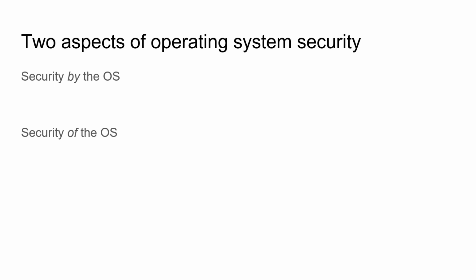On the other hand, we have the security of the operating system, where we try to protect the operating system against intruders from the outside, perhaps malicious processes, perhaps data arriving from the network or from malicious devices. Here we try to make sure that the operating system cannot get compromised.